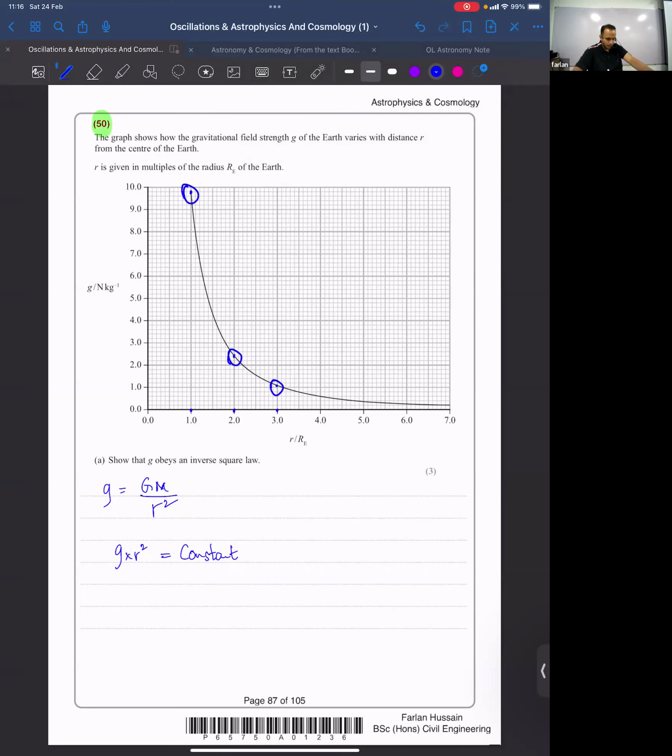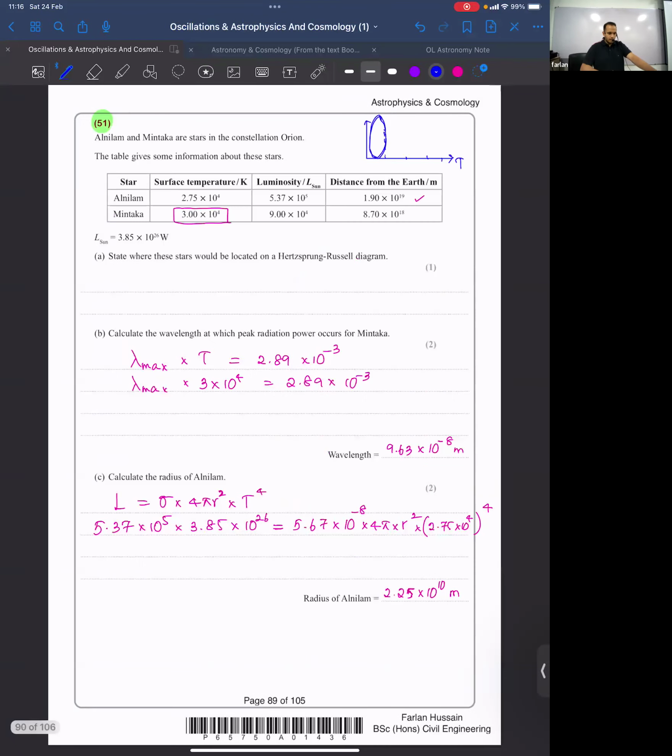If you really want, get another point at R equals 4, and show that all those values are approximately equal. For 3 marks, I feel like 3 points is enough, but to be on the safe side you can check 4 points and show that g into R square is a constant. That's how you prove that it follows the inverse square law. You show that the product is a constant.